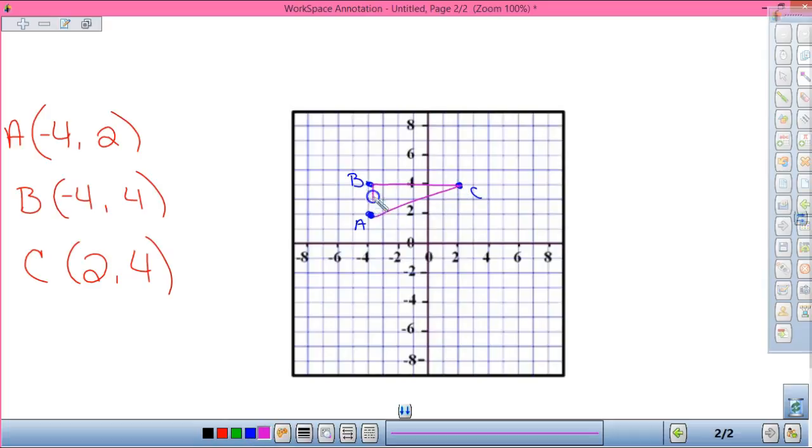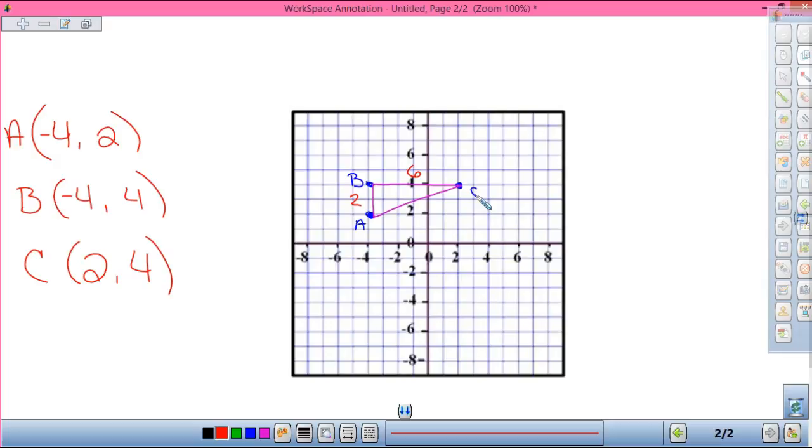Alright, so do some connecting because we're trying to find the perimeter. So if I'm doing perimeter, I need all 3 sides, right? Alright, so this side is 2. This side is 6. What about that side? I don't know.